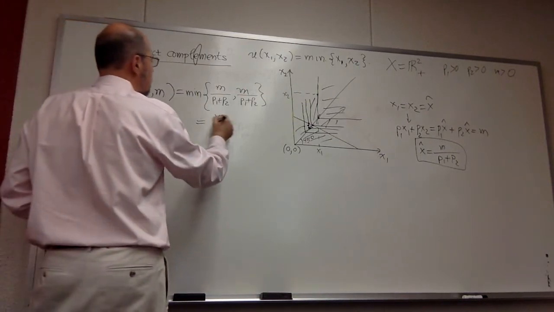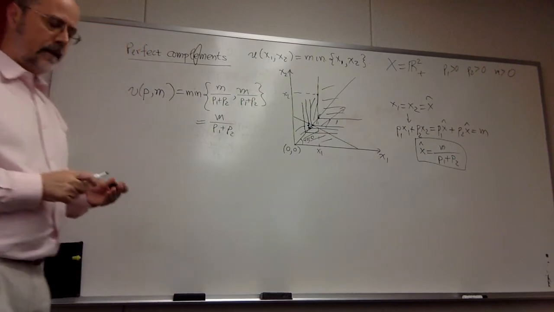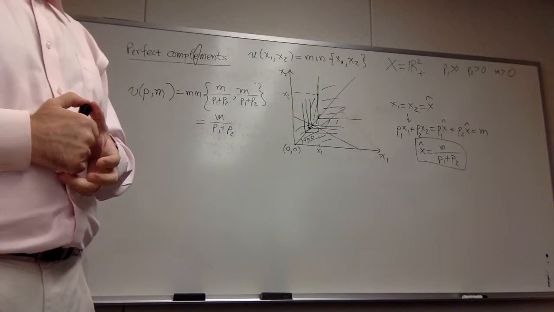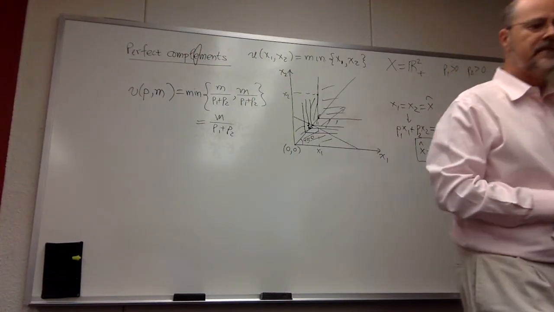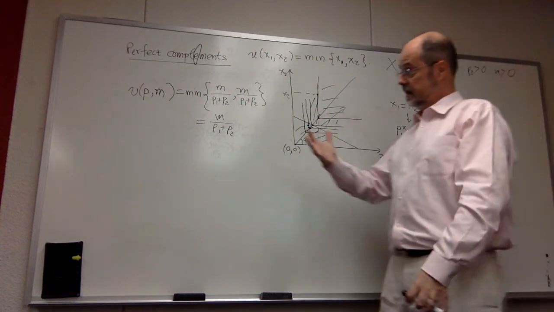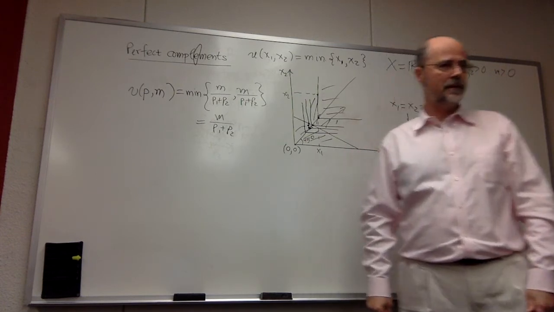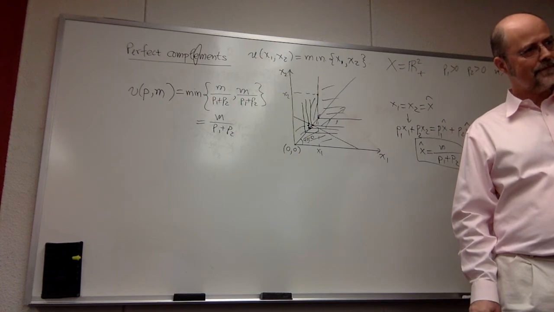So, m over p1 plus p2. Observe something kind of neat here. We started with a non-differentiable utility function, and we ended with a very simple and eminently differentiable indirect utility function. Right? Okay.